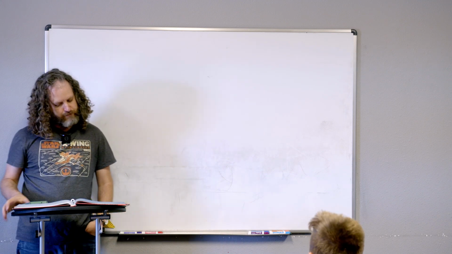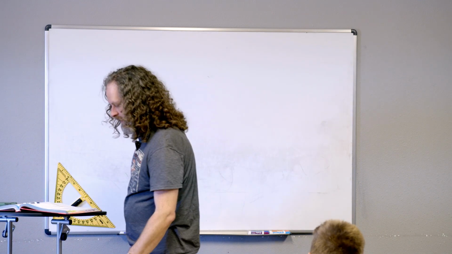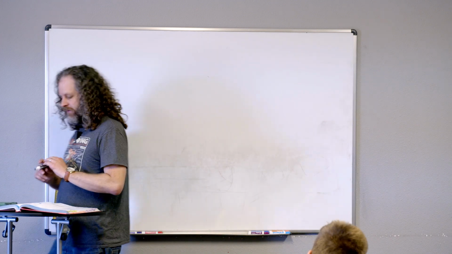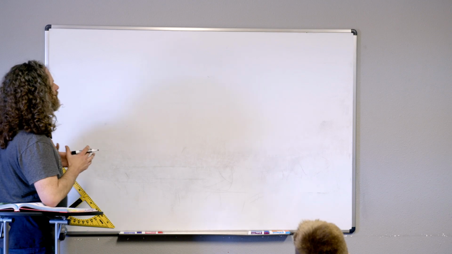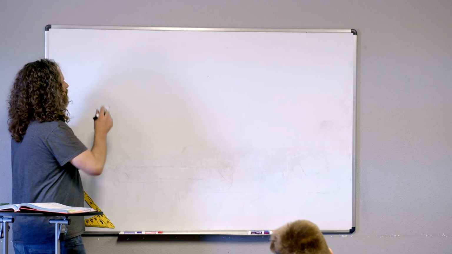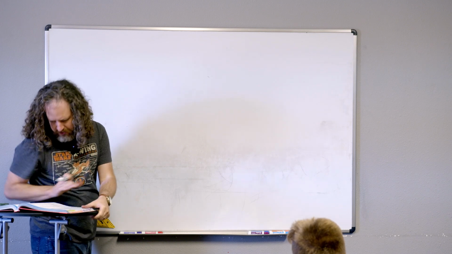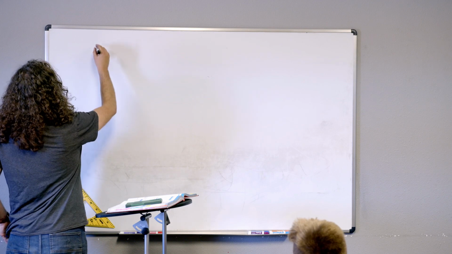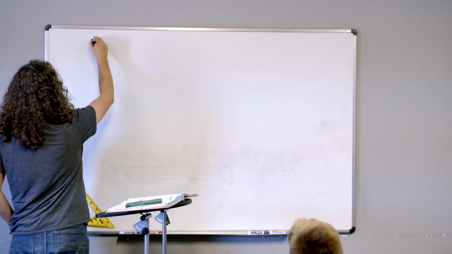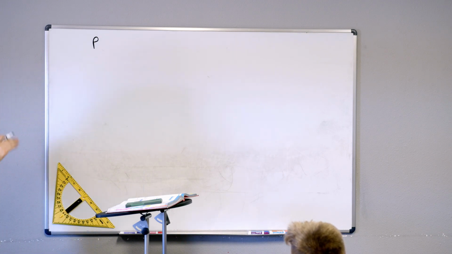Okay, so this problem is a little bit different, right? Let's see if we can build a kind of formula for what's happening. We've got several different quantities going on here, so it might be useful to start labeling them. There's an old price, the price a year ago, and a current price.